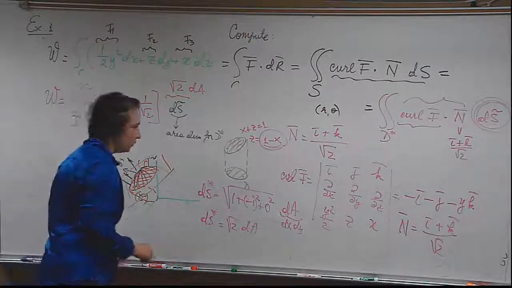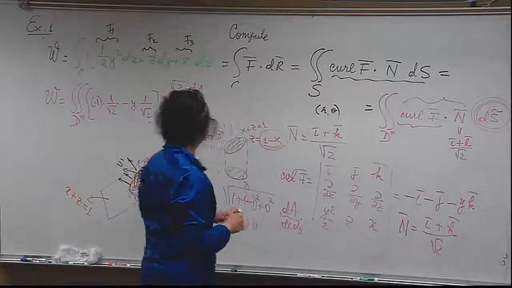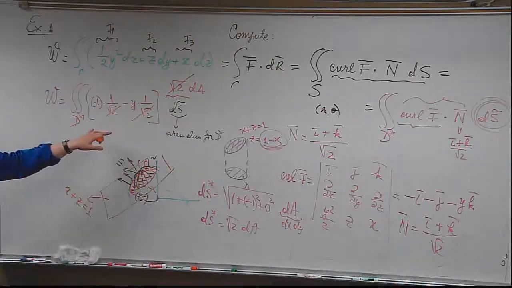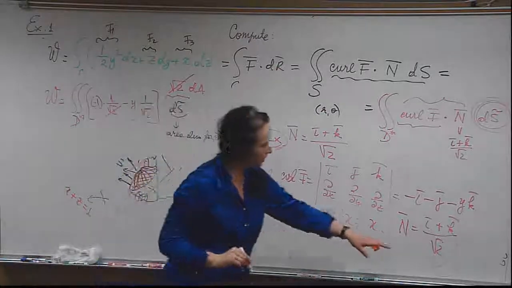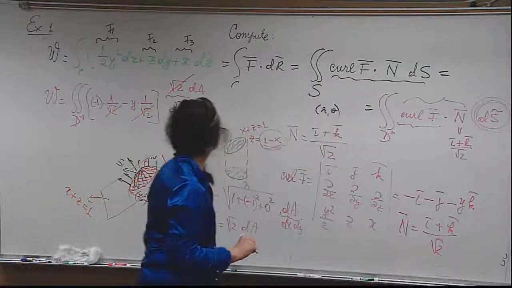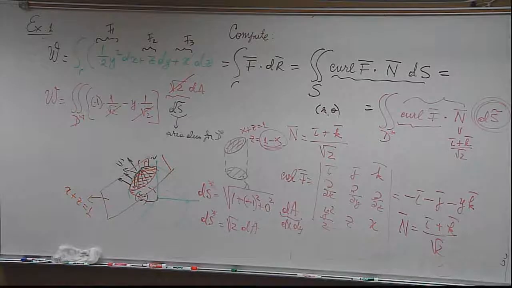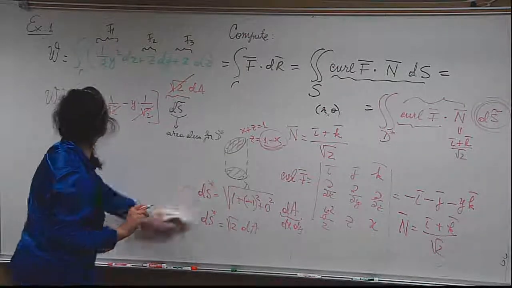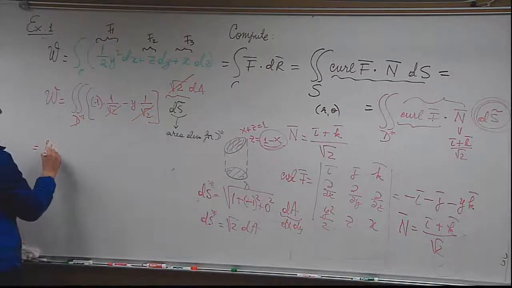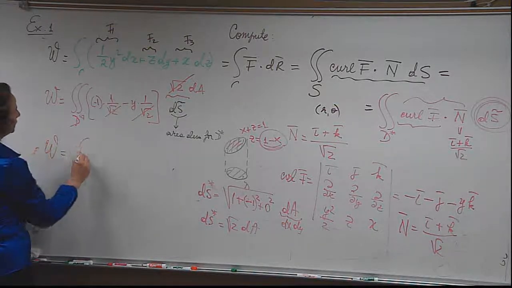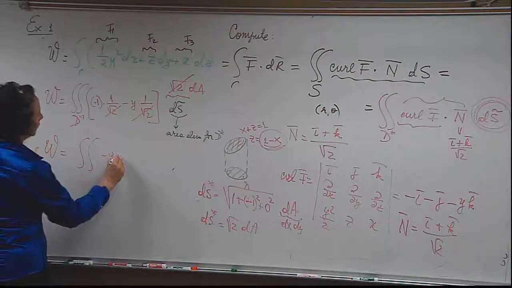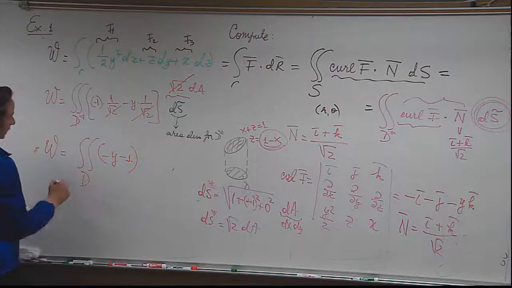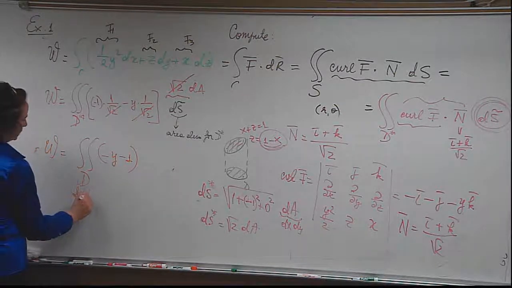No matter what exercise you're doing, it will always simplify with the bottom of n, which Xander saw was square root of 2. So you can do this simplification from the beginning. And so in the end, what are you going to have? You're going to have W is the double integral of minus y minus 1 over the domain D in the plane, the disk in the plane.